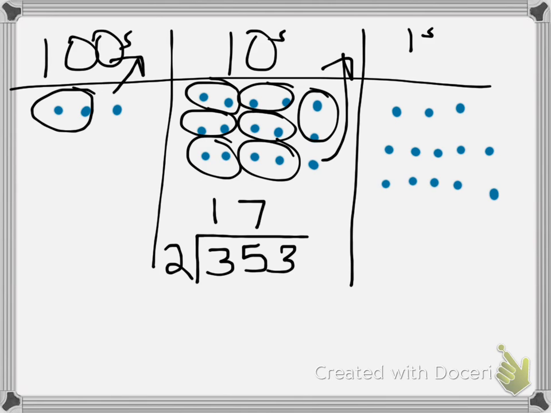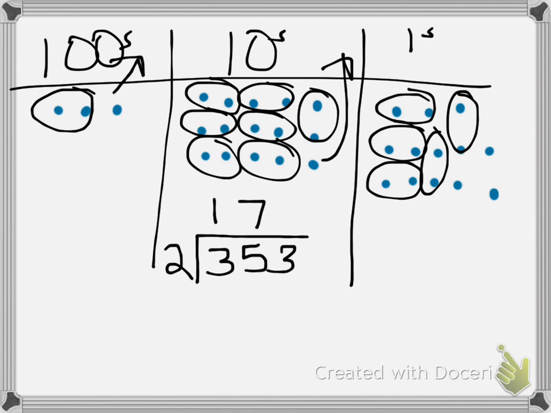Now we're going to move on and see how many groups of 2 we can make in the ones place. We started with 3 ones, we added 10, so now we have 13. So let's see how many groups of 2 we can make. It looks like we can make 6 groups of 2. Now, you'll notice that we have 1 one left over.